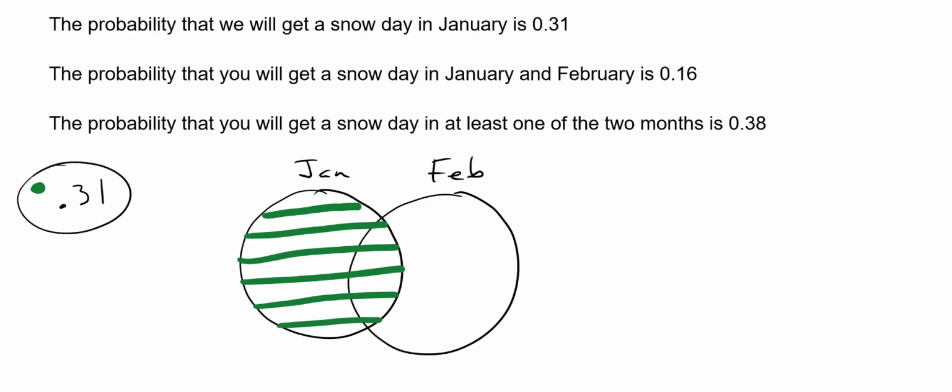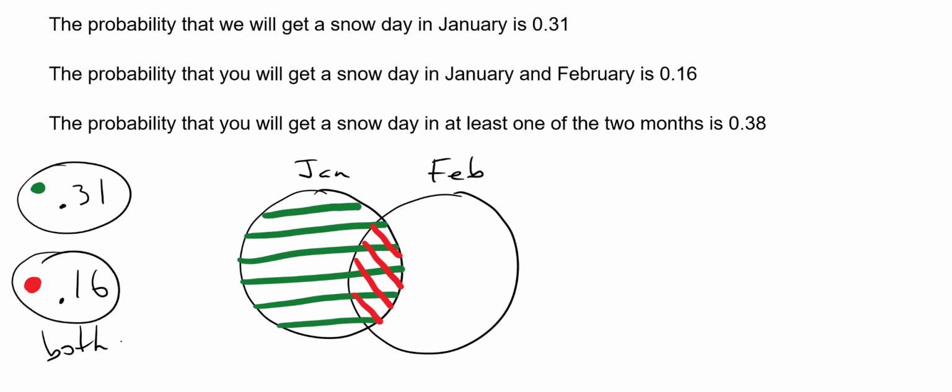All right, the probability that you get a snow day in January and February, so both, is going to be 0.16. So it's this part right here, right? So the red is going to be 0.16. And that's both.